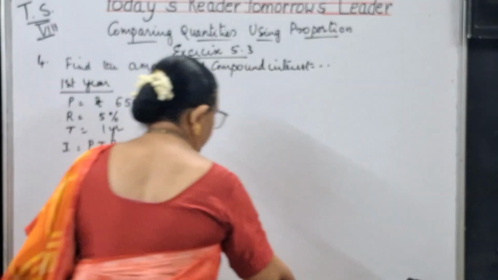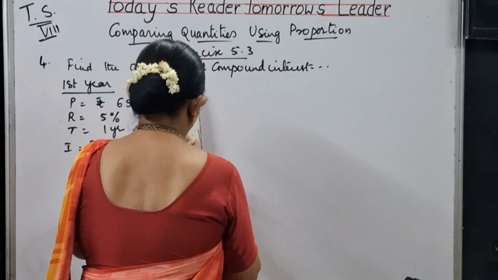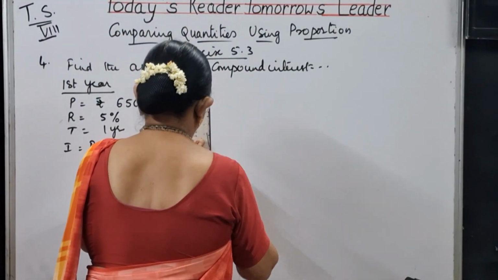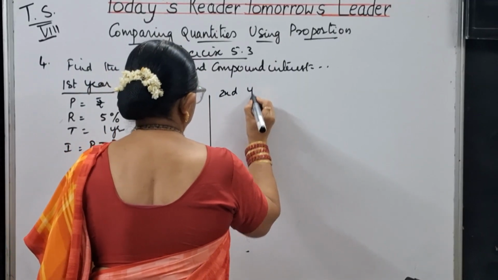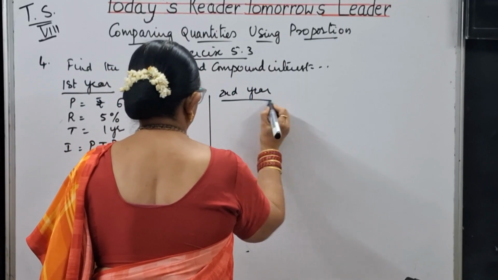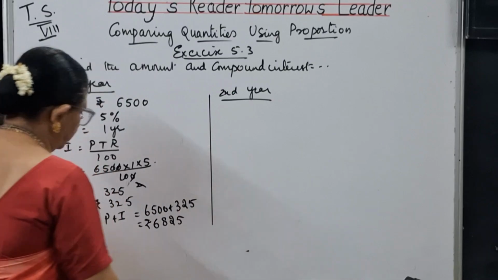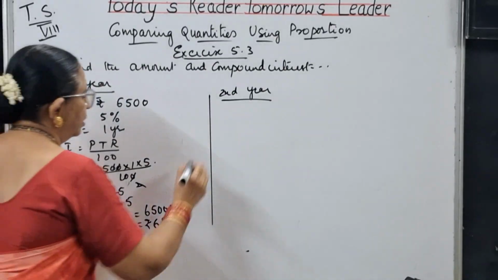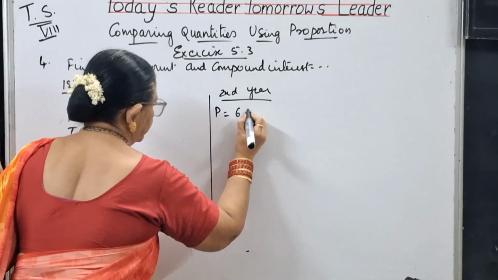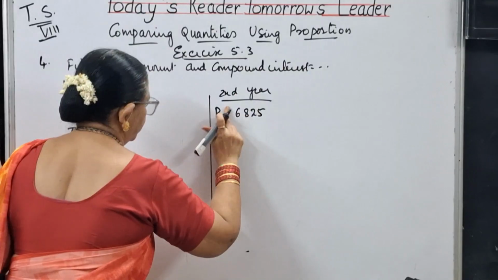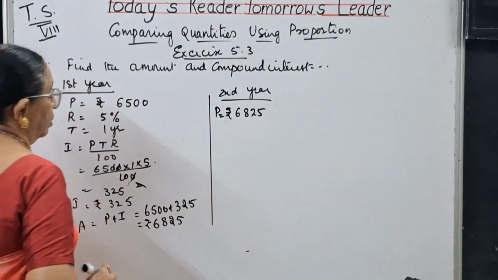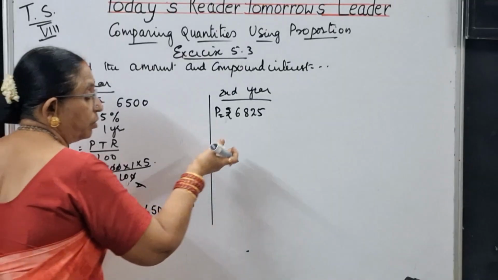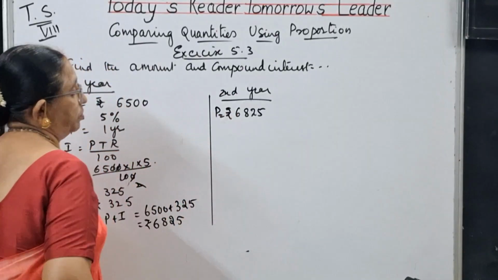Now let us go to the second year. In the second year, whatever is the amount that we have got in the first year becomes the principal, 6,825 rupees. That is how we can find out compound interest for the problem, children.